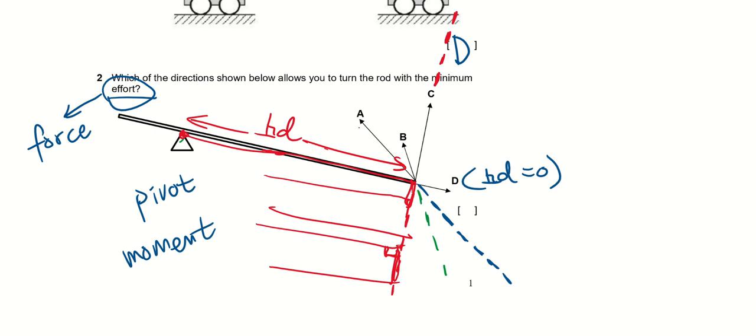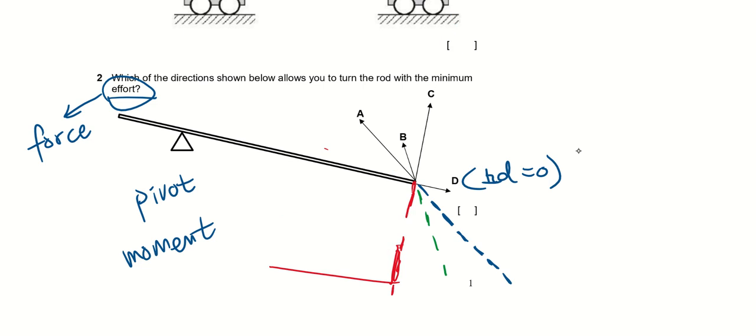Now that you know how to find the perpendicular distance, I'm going to mark out all the perpendicular distances for A, B, and C. I'll be using different colors. For A, I'll be using green. The steps involved: draw the line of action of the force first.